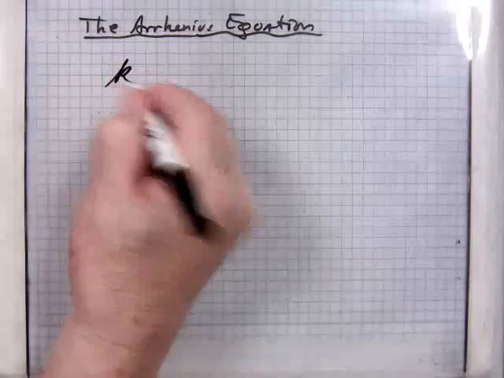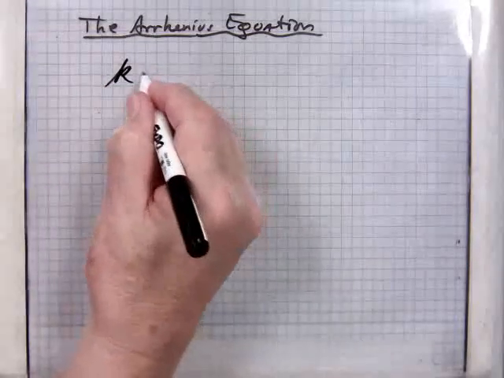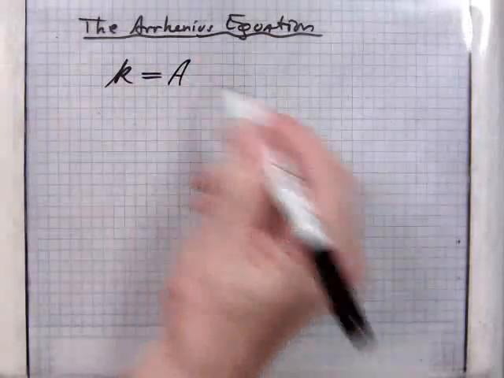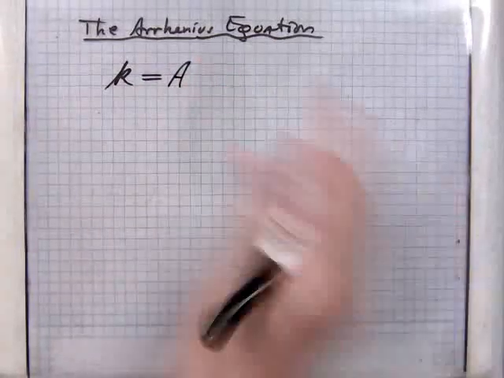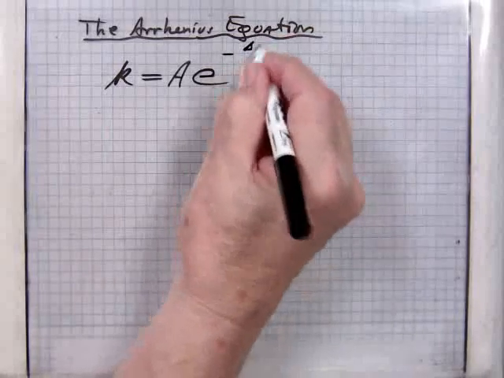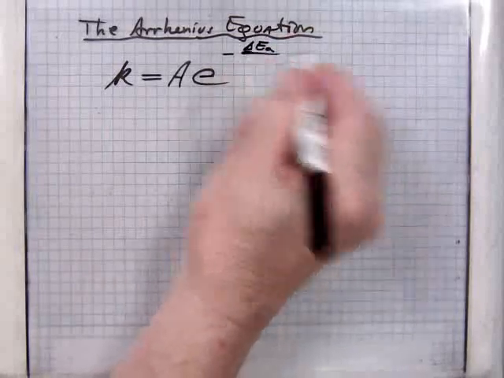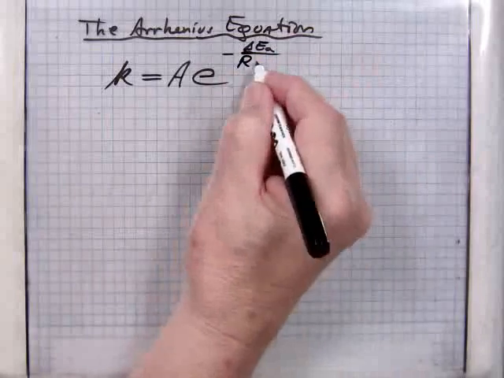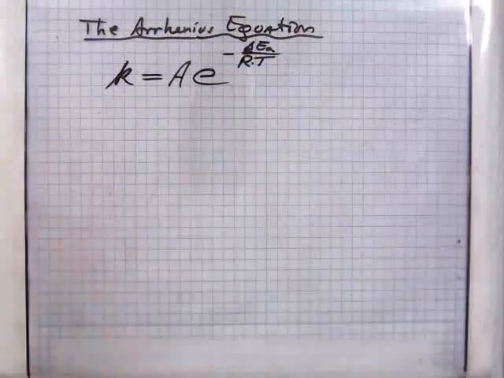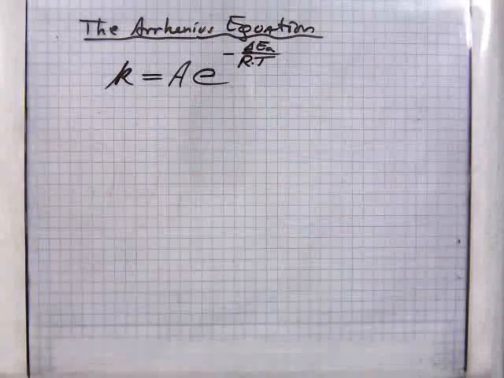The rate constant k is equal to a proportionality constant, A, times e to the minus delta EA, which is the activation energy, over RT. R is a gas constant, and T is a temperature.